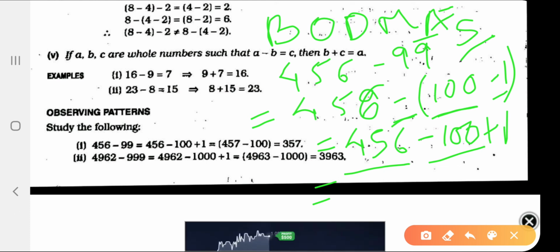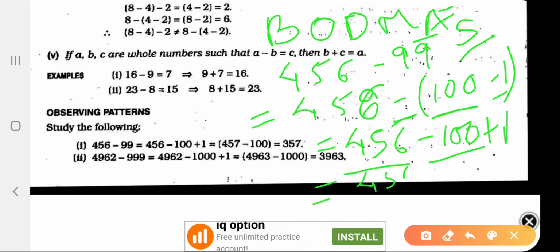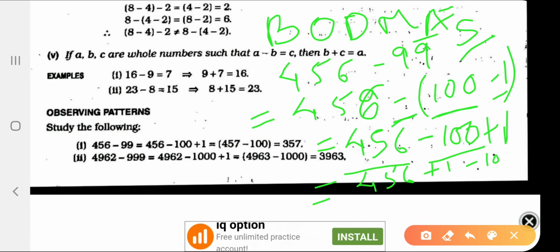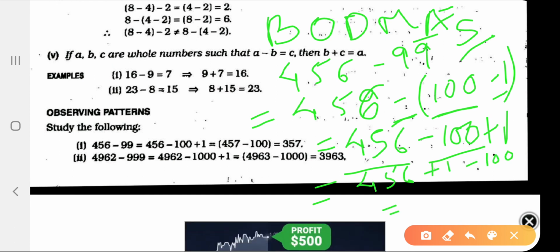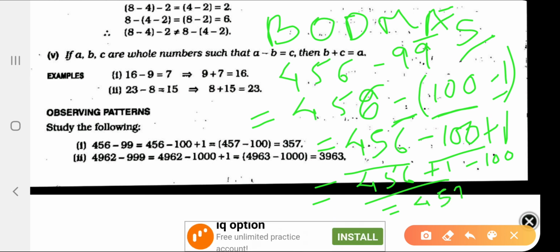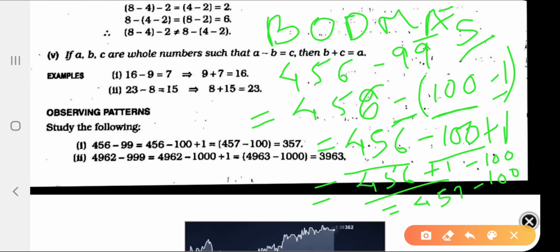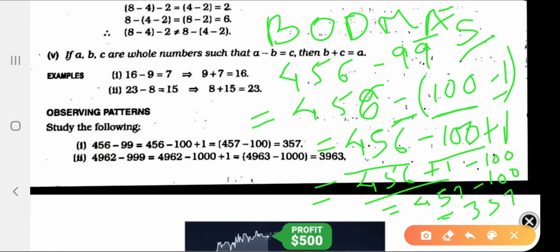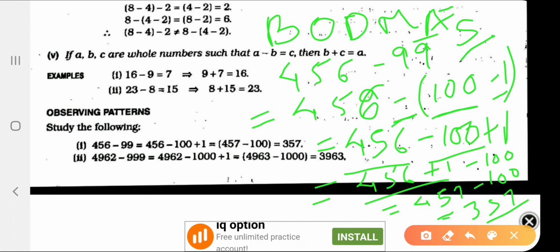So let's rearrange it: 456 plus 1 minus 100. 456 plus 1 is 457, and 457 minus 100 is 357. That's it. In the same way, the other one is also to be done.